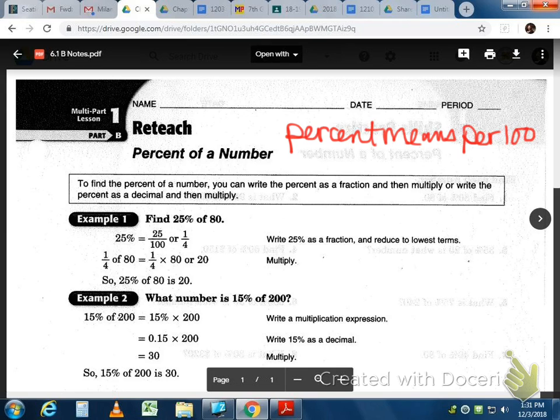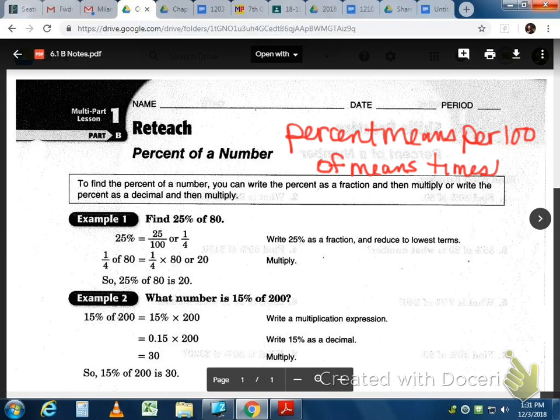So, to find the percent of a number, you can write the percent as a fraction and then multiply, or write the percent as a decimal and multiply. So some things are going on here. First of all, they're saying multiply. I need you to realize that of, so please write this down also, of means times.